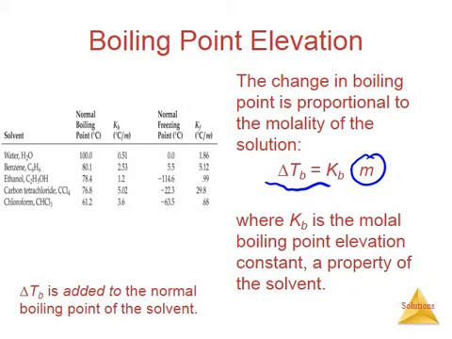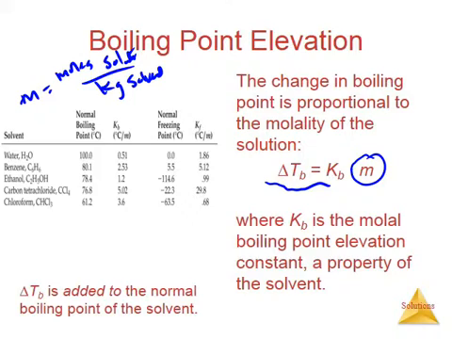So in case you forgot the definition, molality stands for moles of solute divided by kilogram of solvent. So it's represented by small m. So moles of solute per kilogram of solvent is molality.